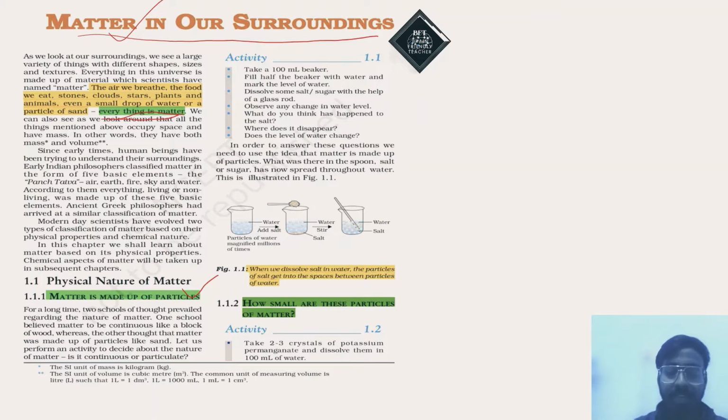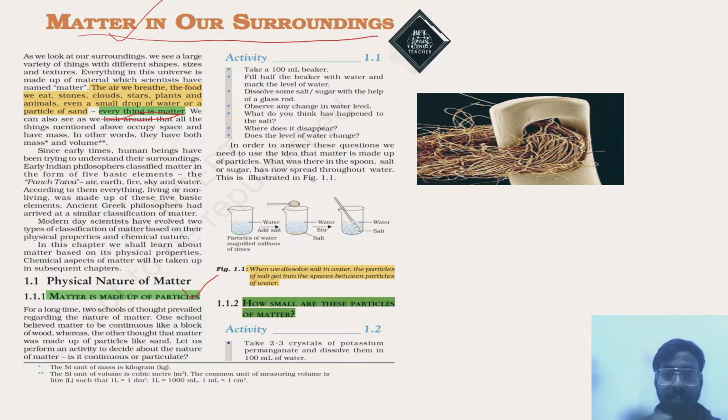You can see this is an example of a thread, a microscopic view of a thread. When we look at a thread, it seems very thin, but when you see a microscopic view, you can see there are so many particles, meaning threads.